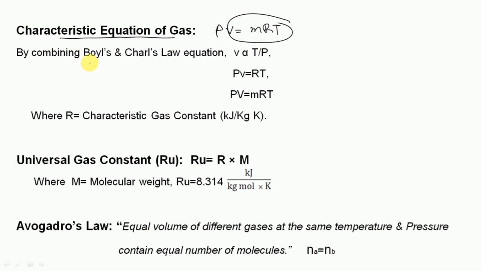If we combine Boyle's and Charles' law, we know Boyle's law: volume is inversely proportional to pressure.